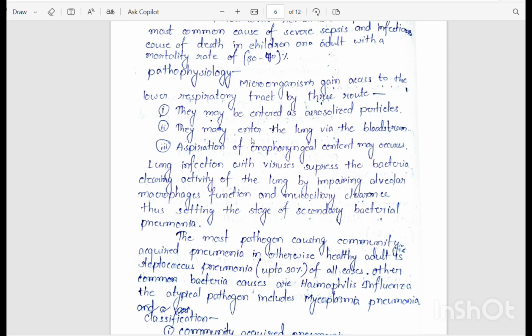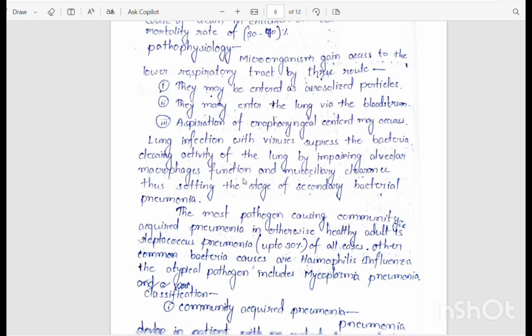So the infecting microorganism or antigen can enter the respiratory tract through the bloodstream. And the third one is aspiration of oropharyngeal contents, like the things we eat daily, through which microorganisms or antigens can enter our body.